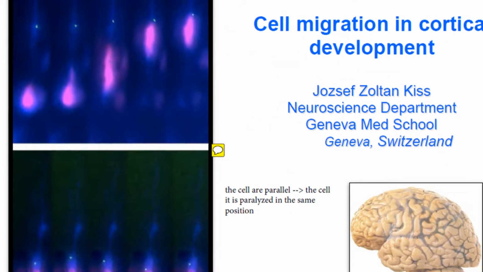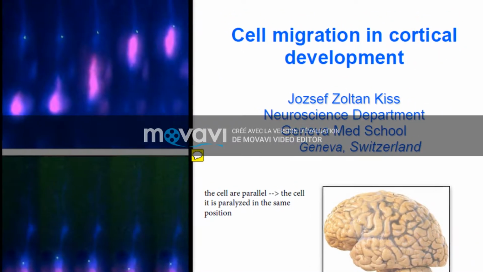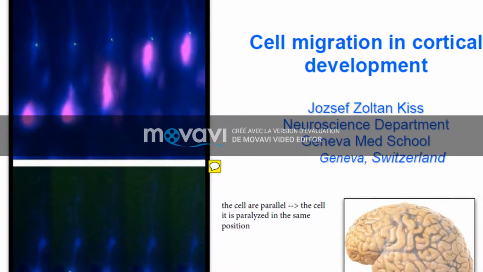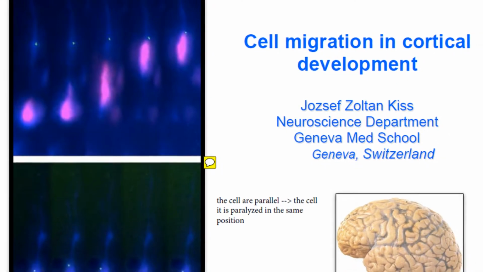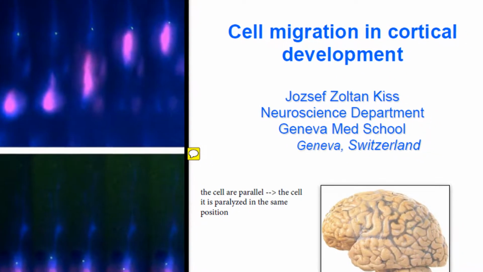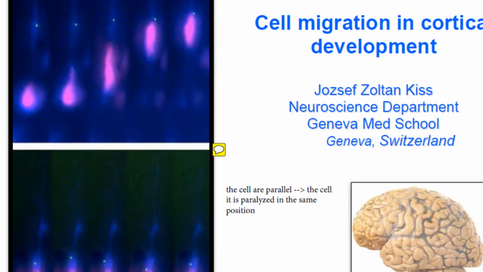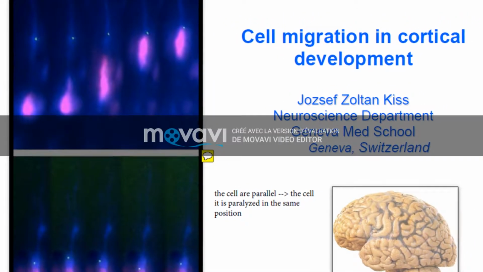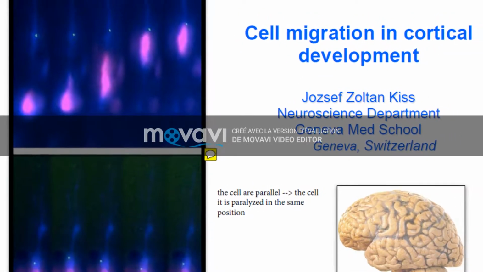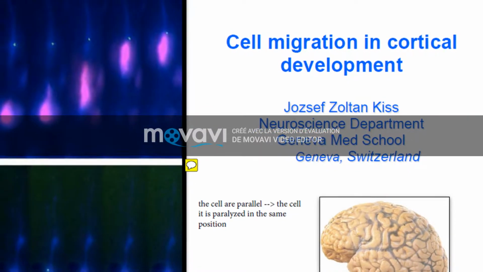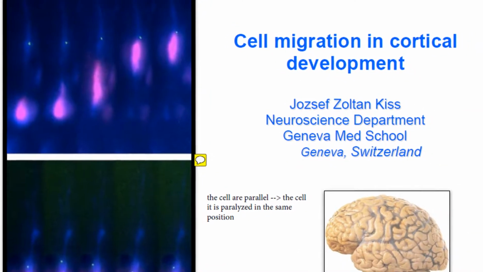And then layer 4 cells should do the same thing. First they have to go through layer 6, layer 5, and then establish layer 4, and so forth. We call this generation of our beautiful neocortex the inside-out construction. Don't ask me why, we just don't know why. It's going like this in a very complicated way. So first layer 6, the most inside layer, and then progressively the others.